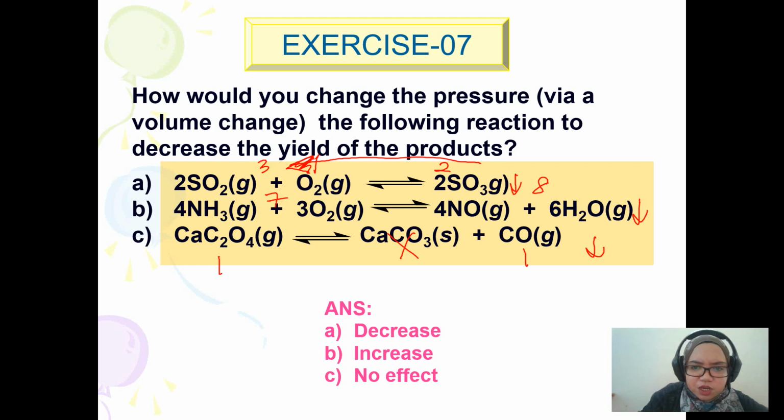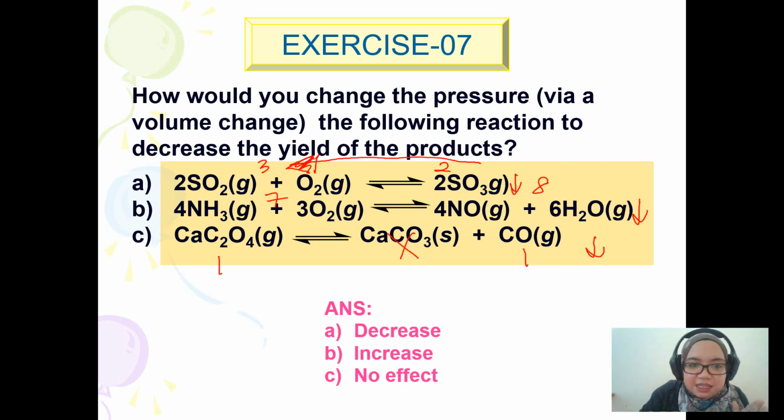How would you change the pressure? So, if we decrease the pressure, okay, the system will find a way to increase the pressure. So, if the system wants to increase the pressure, it will shift the equilibrium to the side where it has more moles of gases.